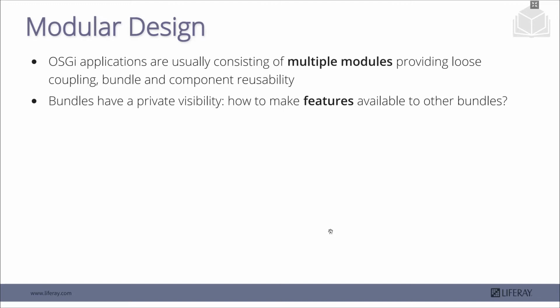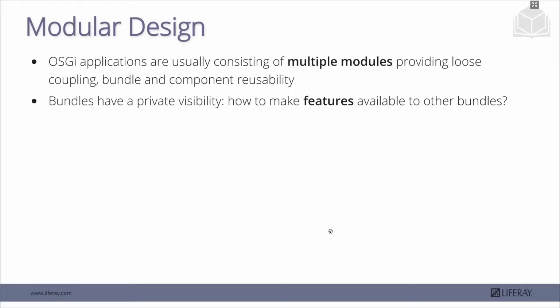So when we create applications in the OSGi world, generally speaking, since we're working in a more modular fashion, we can create these applications using multiple bundles or multiple modules. That way we can provide a loose coupling of all of these different parts, as well as making them reusable.